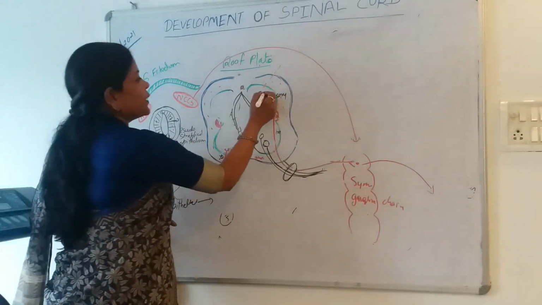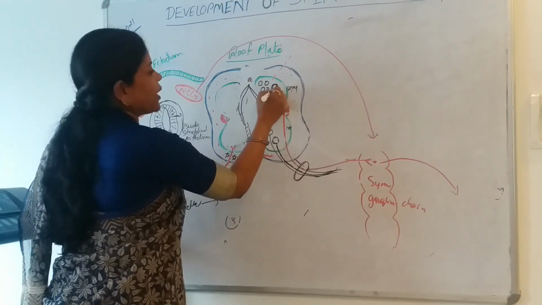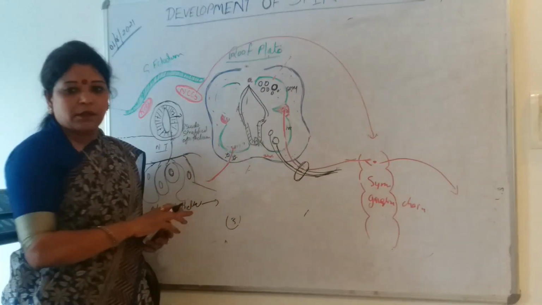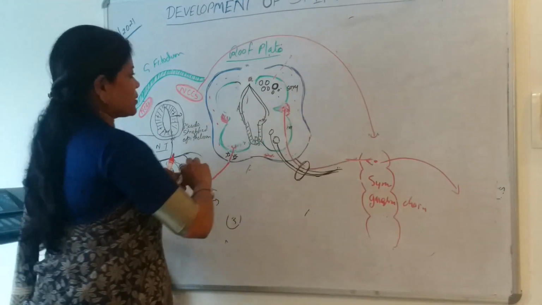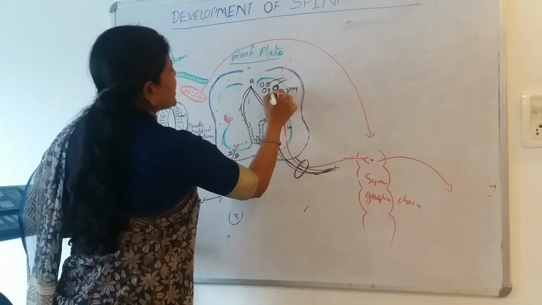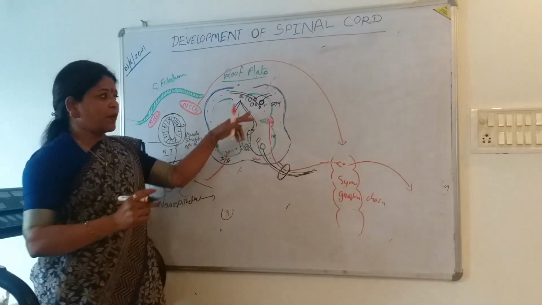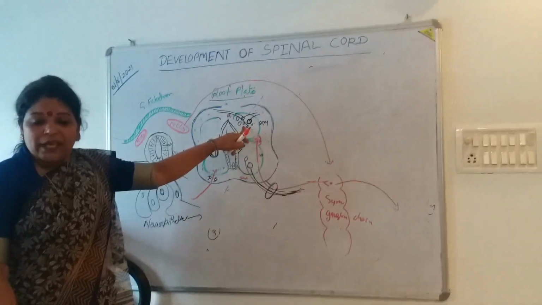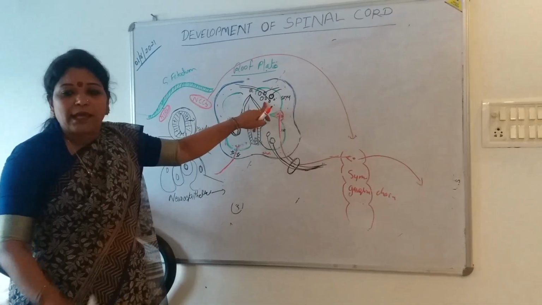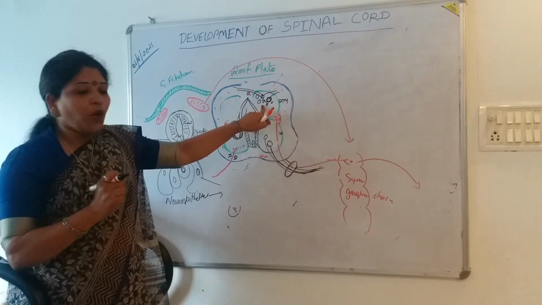But here, the neuroblast which is adding towards the alar lamina, the axons which are emerging from these sensory neurons, because we have discussed the alar lamina, it is concerned with the sensory functions.